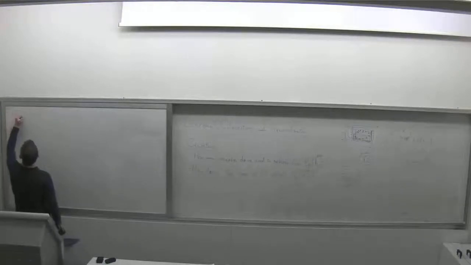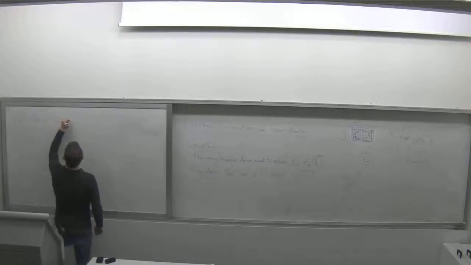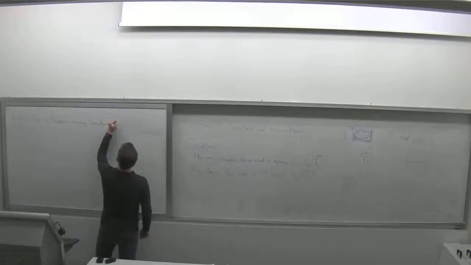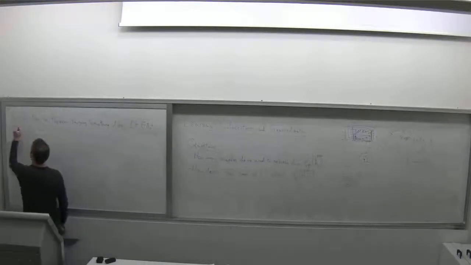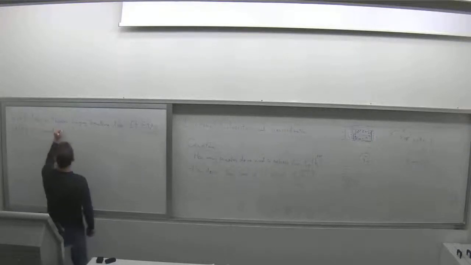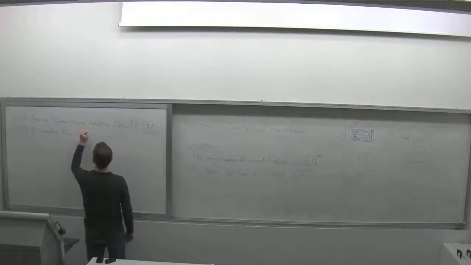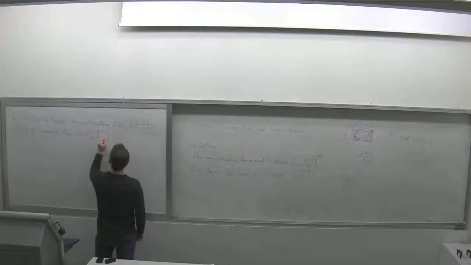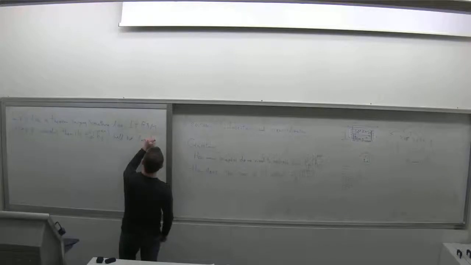So we'd like a theorem saying something like: if ERM uses n samples, then its generalization error would be less than, say, epsilon.